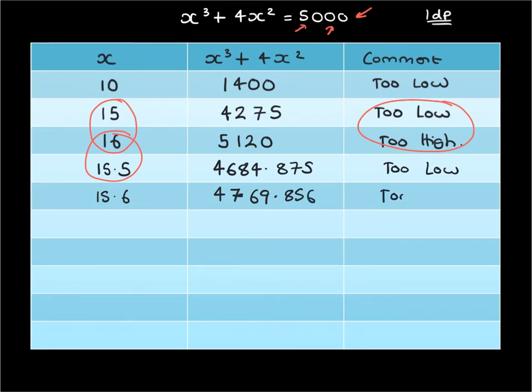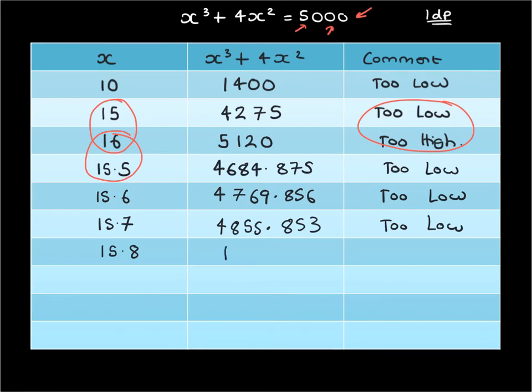4,769.856, which is too low. So 15.7 is our next choice. And this gives us a value of 4,855.853. Still a little bit too low, so slowly creeping up, 15.8. What does that give us?